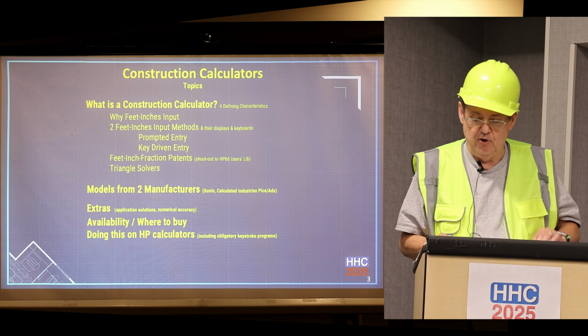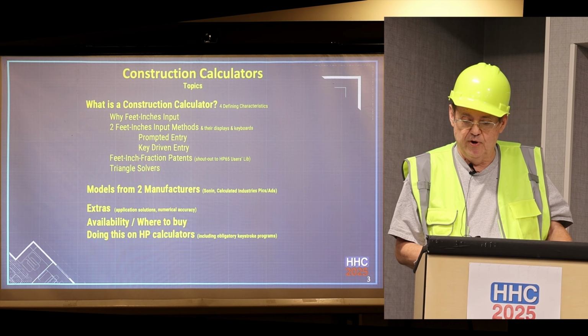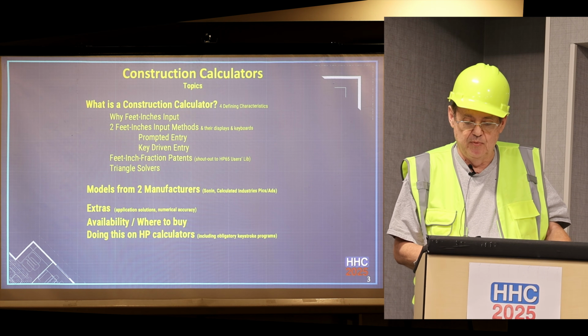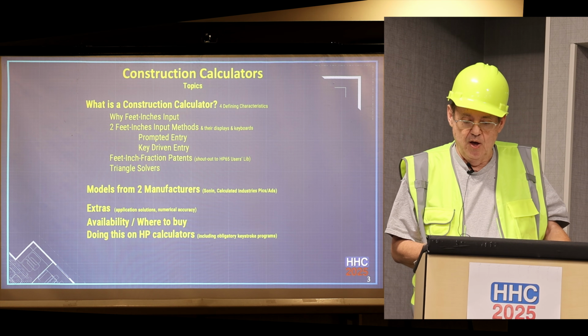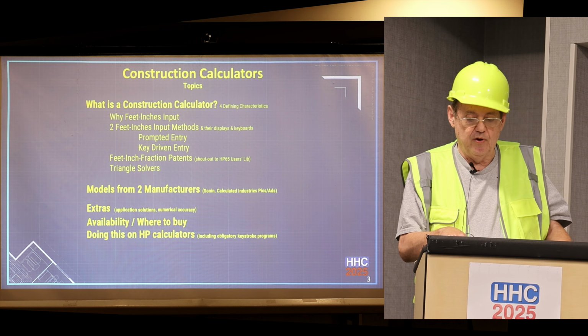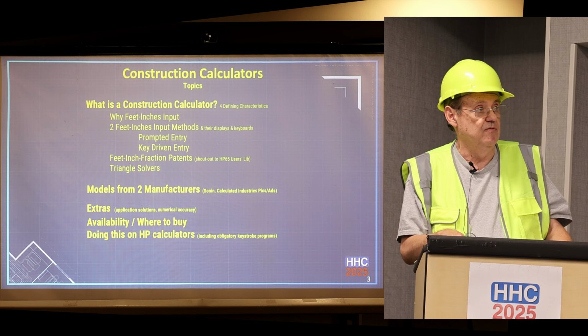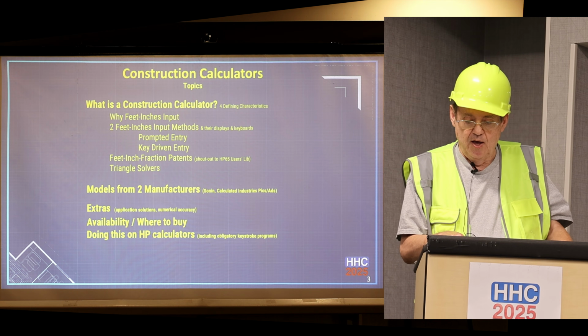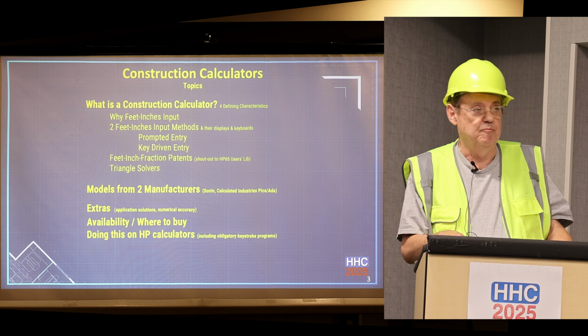So for my talk, the topics: what is a construction calculator? What are the 4 defining characteristics? Why feet and inches input? What are 2 feet and inches input methods that are used and how they've evolved over time? The feet and inch fraction patents.